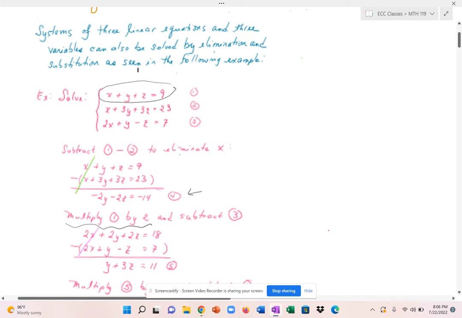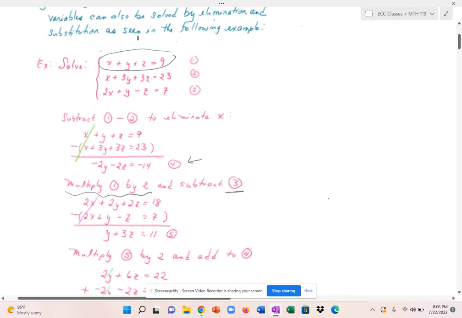And then I'm going to subtract equation 3 from it. So when I double equation 1, I get 2x plus 2y plus 2z equals 18. And then here is my equation 3. So when I subtract them, the two x's will cancel. So I've accomplished what I set out to, which is to eliminate the x's in this pair as well.